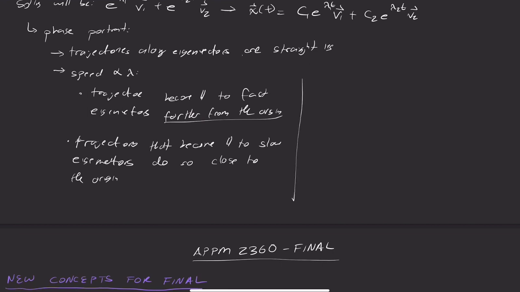The last thing we'll say is that positive eigenvalues lead to trajectories that move out, and negative eigenvalues lead to trajectories that move in.